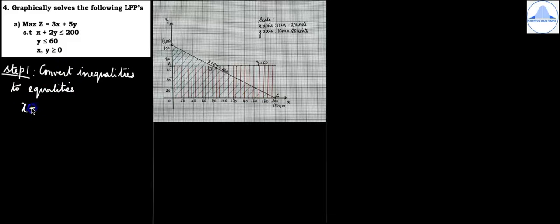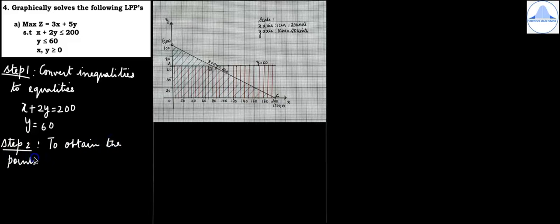You'll get x plus 2y is equal to 200 and second is y is equal to 60. Step 2, to obtain the points of the two lines.